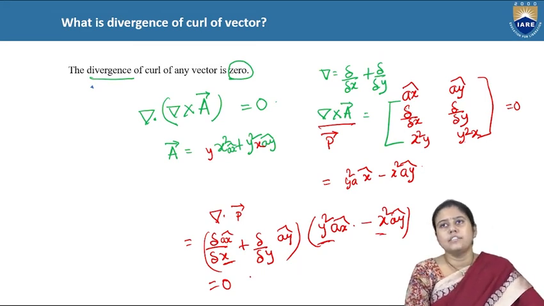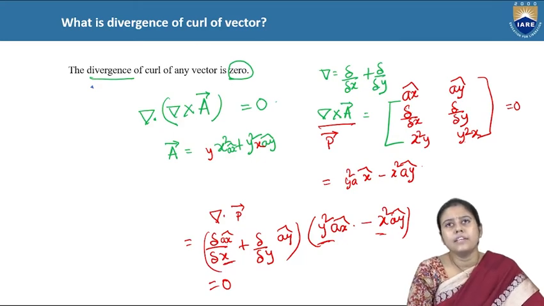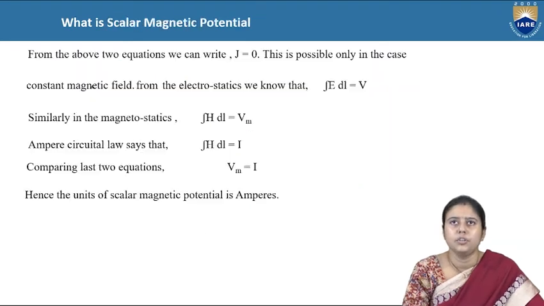So the result is 0. So the simple answer is the divergence of curl of any vector is always 0.